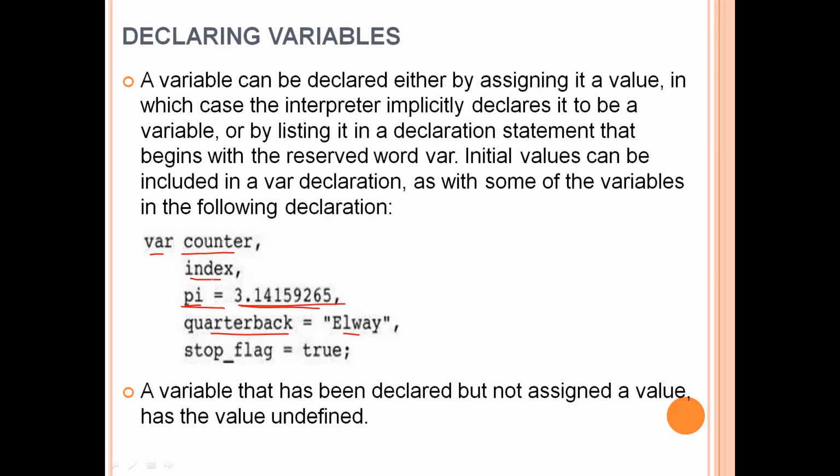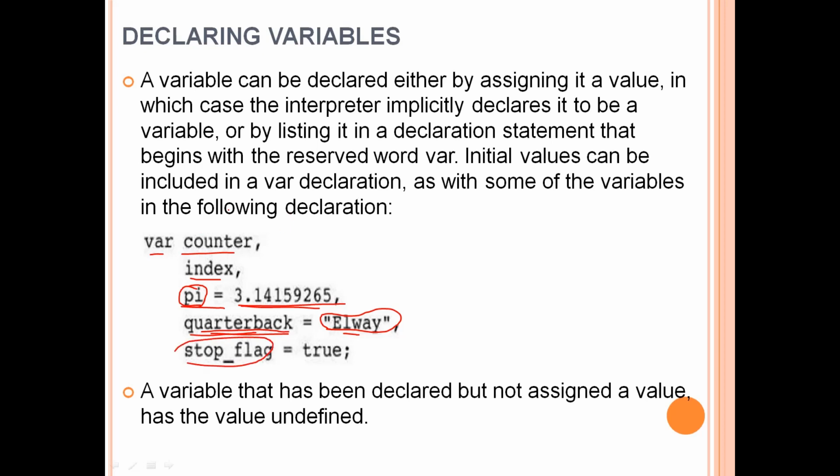So the type of pi is numeric, that is number, whereas the type of this variable quarterback, as you can see, the value is enclosed in double quotes, so it is a string type, whereas the type of this stop flag is boolean.